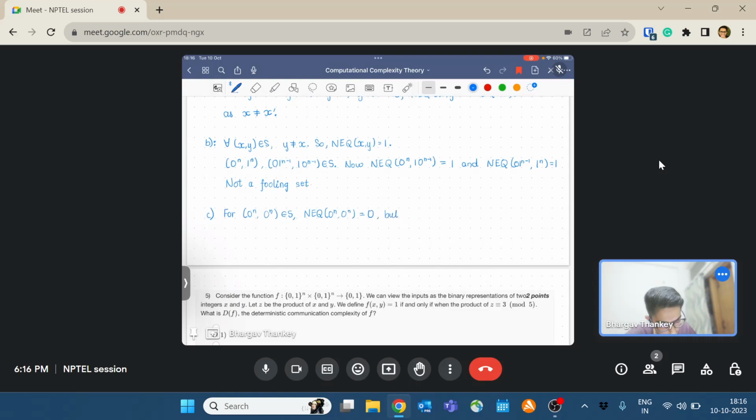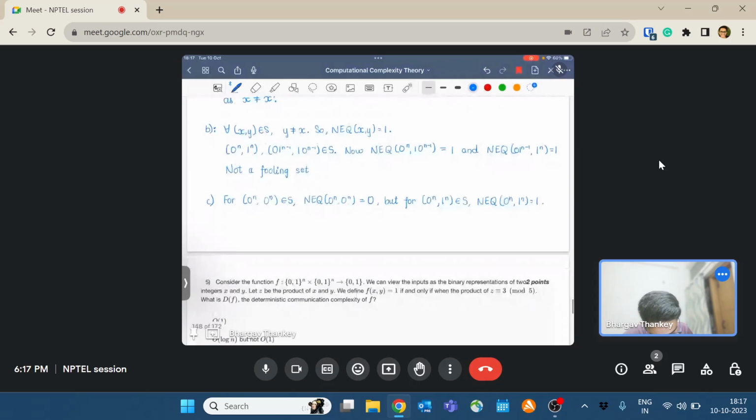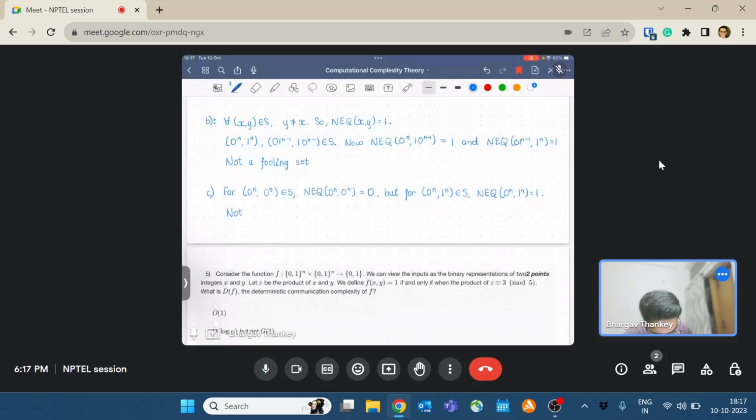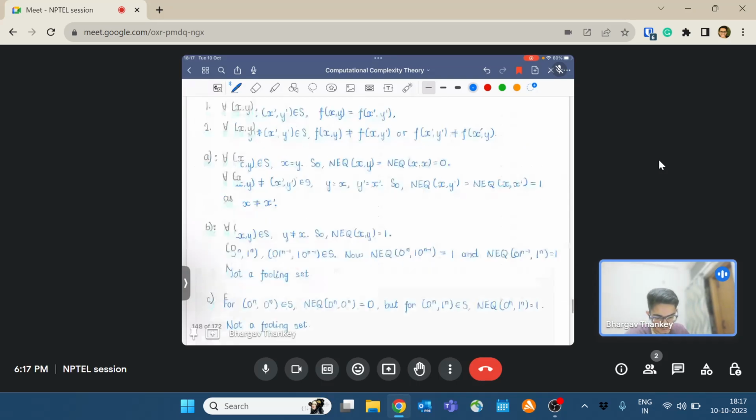But for (0^n, 1^n), which is also in S, NEQ is 1. And so these two are different. So the first condition itself is not satisfied, and this cannot be a Fooling set. So C is also not a Fooling set.